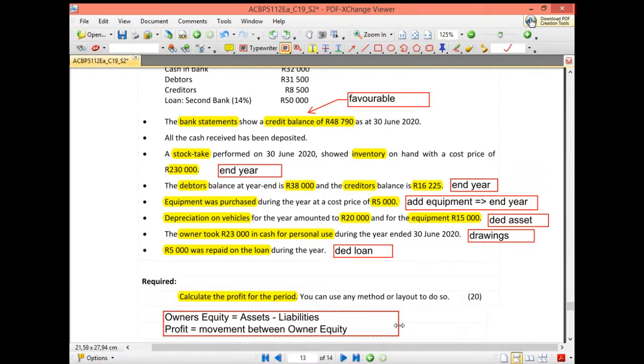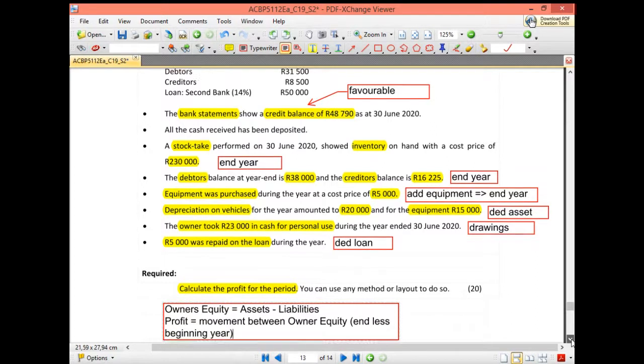That being said, we will have to work out the owner's equity at the end less the beginning of the year to get to a movement amount.